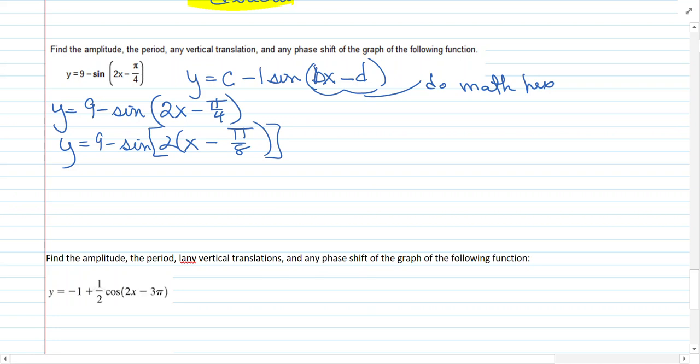So let's look at amplitude. Amplitude is the absolute value of A. And A is -1. So the amplitude is 1. We're flipping it.